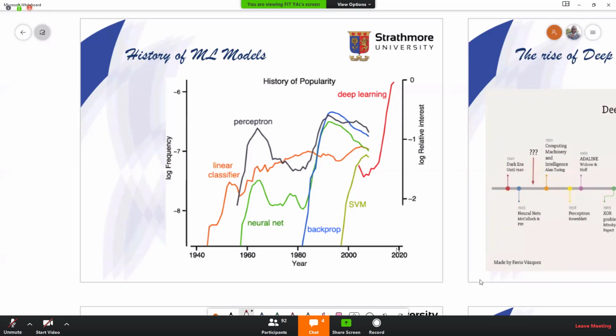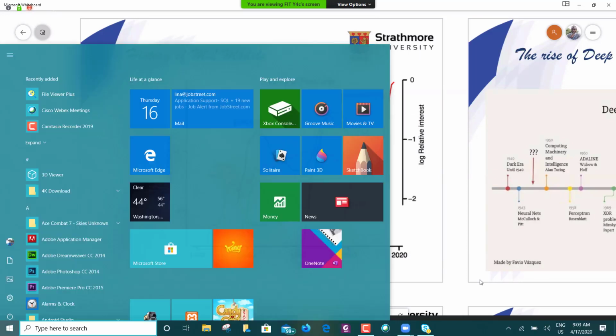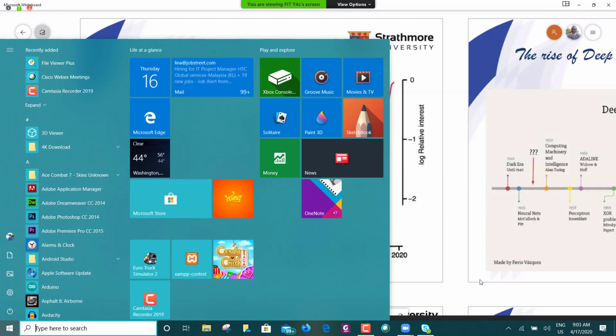So currently we're in 2020. You can see this is one of the latest graphs. And you can see a period just about late to maybe 2007 thereabout. That's where deep learning was starting to gain. And you can see the rise and the rise and the rise of deep learning. You can see support vector machines.